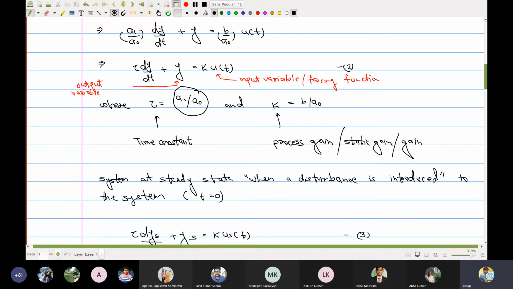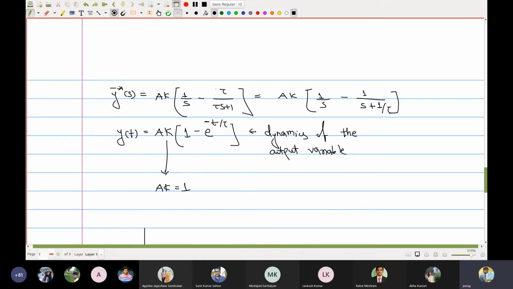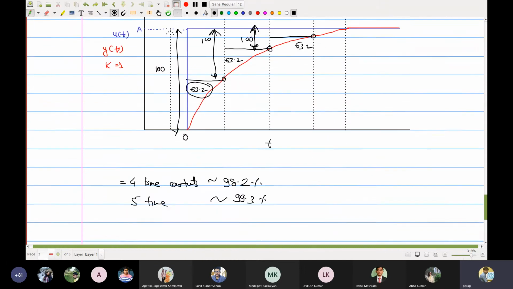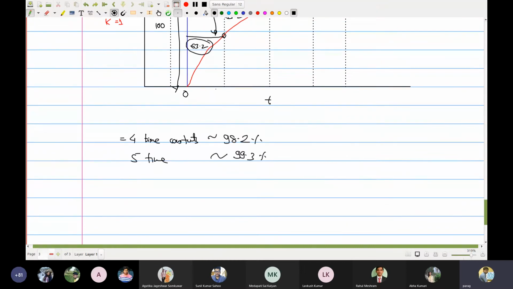If you can precisely write your governing equation in this form, then if you know the magnitude of A1 by A0, you multiply it by 4, and that will be the time requirement for your system to reach 98.2 percentage of the induced forcing function.